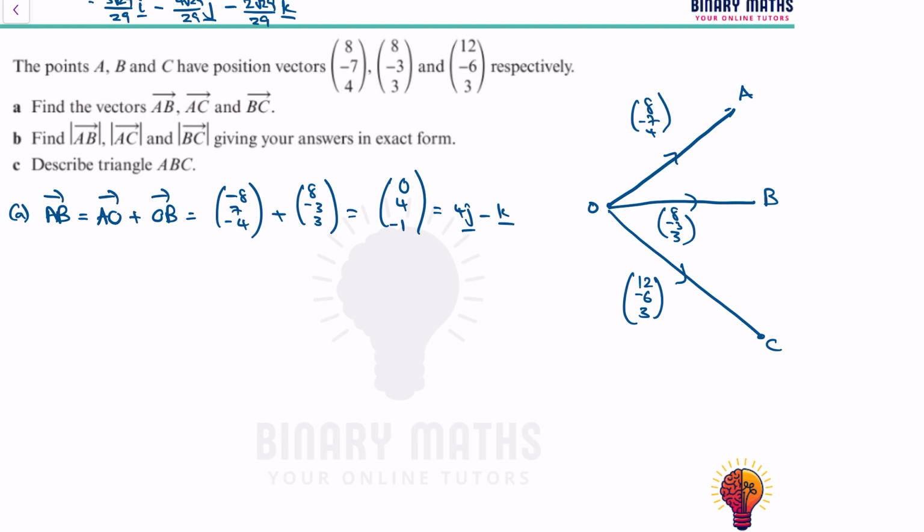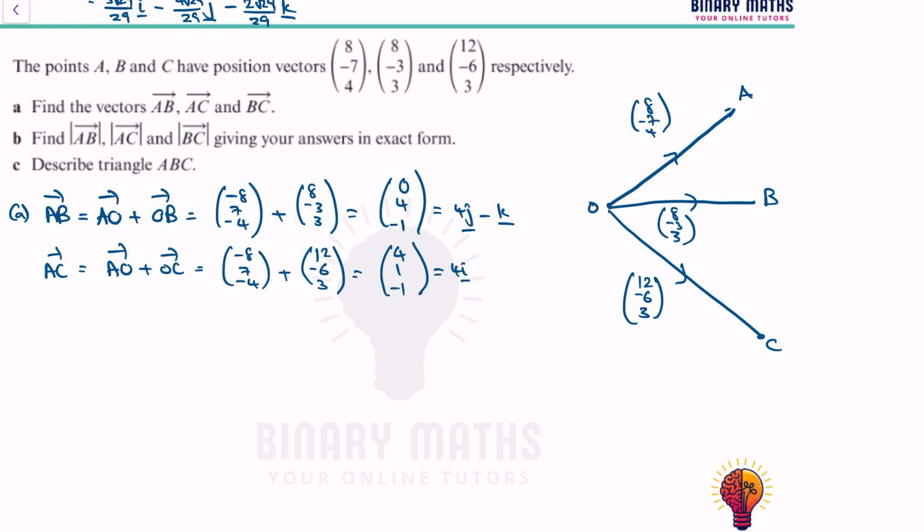I want to work out A to C. It's equal to A to O plus O to C, which is equal to minus 8, 7, minus 4, plus O to C, which is 12, minus 6, 3, which is equal to 4, 1, minus 1, which is equal to 4i plus j minus k.